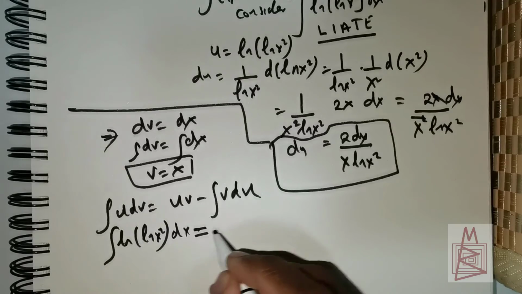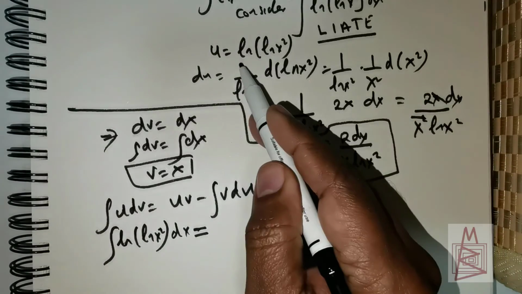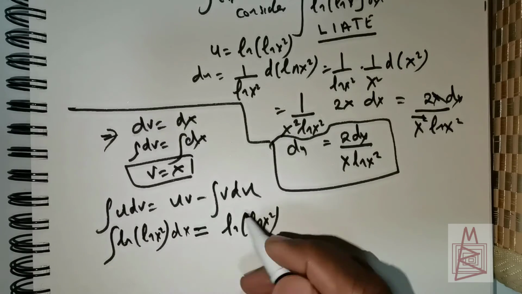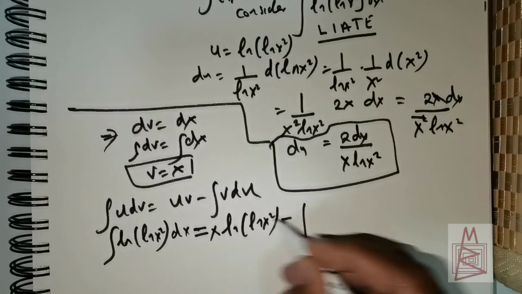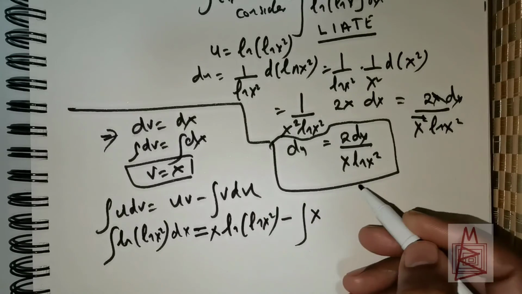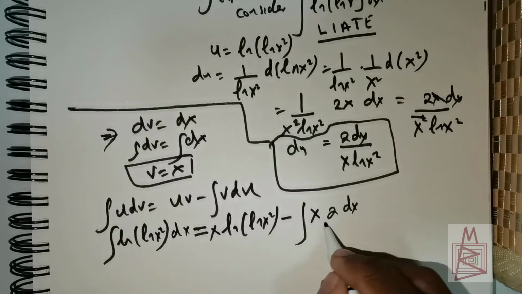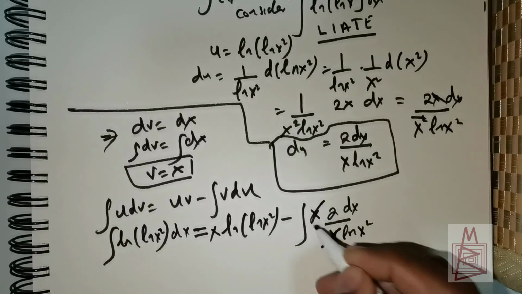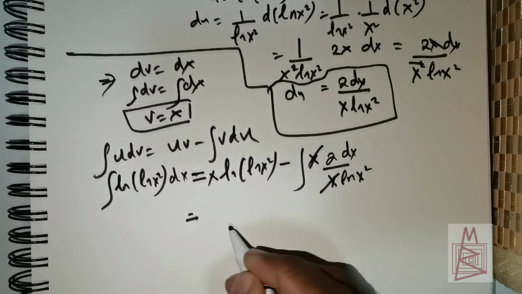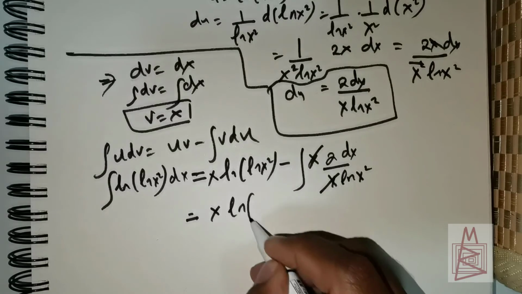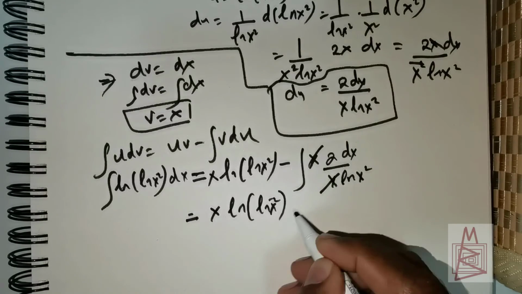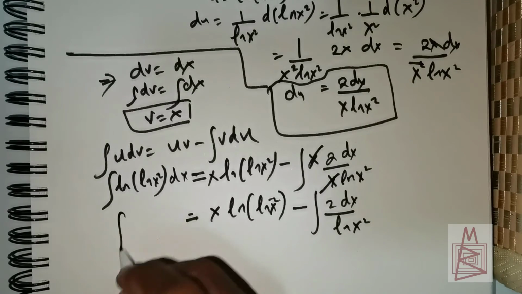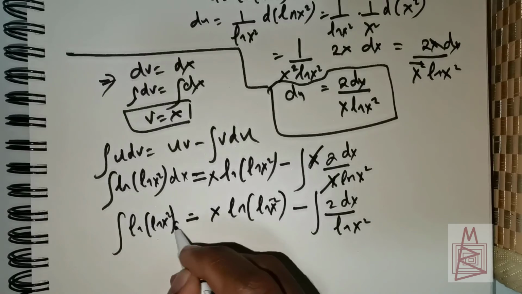So that's equal to my u, ln of ln x squared, times my v, x, negative integral v is x, my du is this quantity there, 2 times dx divided by x times ln of x squared. The x and x can be cancelled, giving me the following quantity: x times ln of ln x squared negative integral 2 times dx divided by ln x squared. So this is what I get for integral ln of ln x squared times dx.